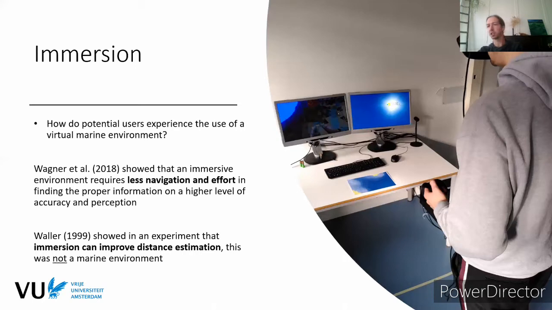And even 20 years before that, when virtual reality was an even newer technique than we think of it as now, Müller already showed that immersion can actually improve distance estimations. But he looked at a regular city layout, so you have a familiar scale of familiar surroundings. So we did not look at the marine environment.